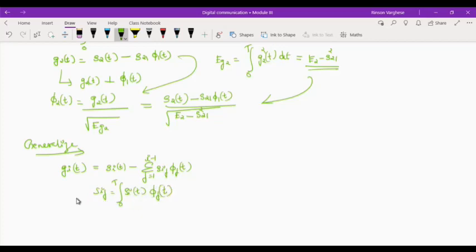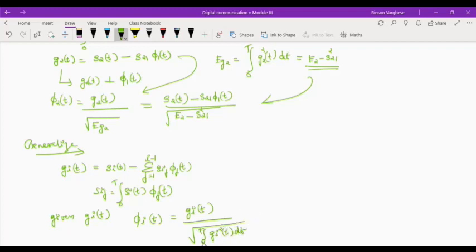Now given Gi of t, we can find phi i of t by simply normalizing that function: Gi of t divided by root of the integral 0 to T of Gi square of t dt.